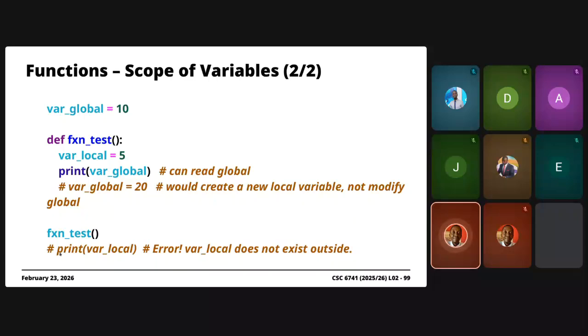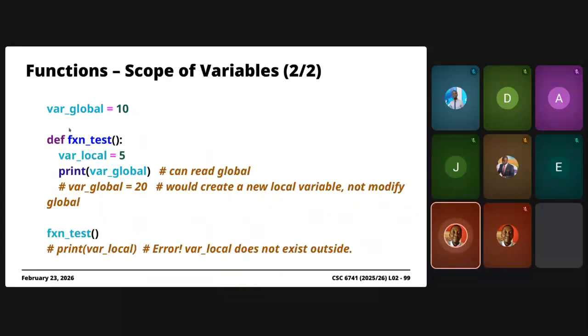Okay, and so in this particular example, if I wanted to print var local, this would fail because local is only visible within the body of this function, right? And then in this particular case, if I wanted to, I don't know if it's making sense.